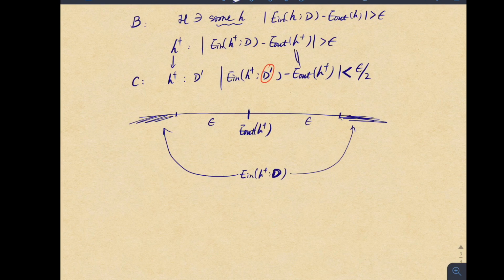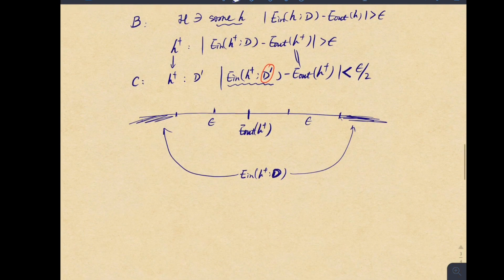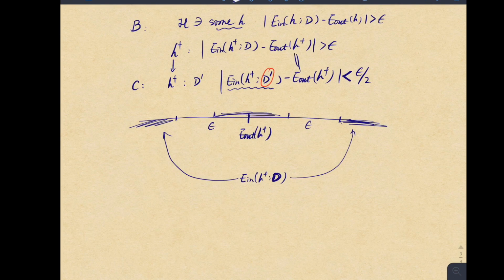And this event C means the E in error of H cross measured by D prime is within this region, which deviates from E out within half of epsilon.